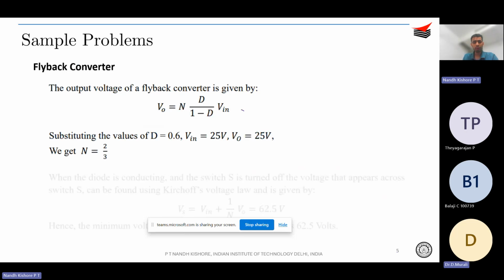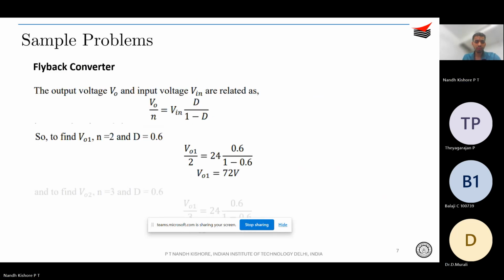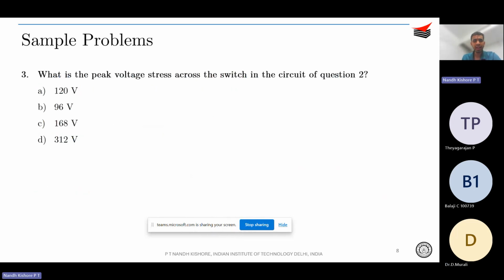In this problem also, they are asking pretty much the same question, but here you have multiple windings in the secondary. In that case, what is the blocking voltage across the device? Does anyone have any idea how we proceed? In case you get the answer, you can of course unmute and tell.